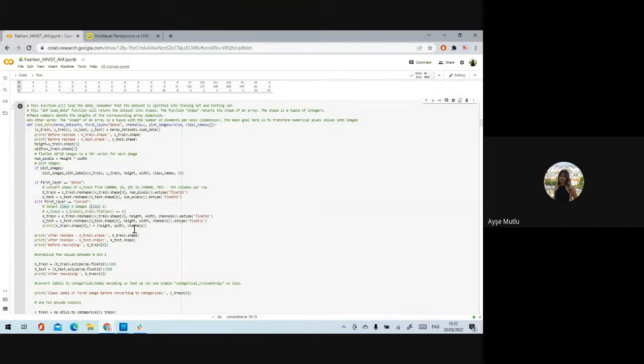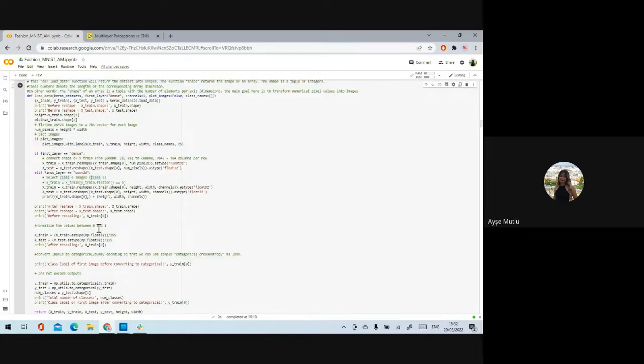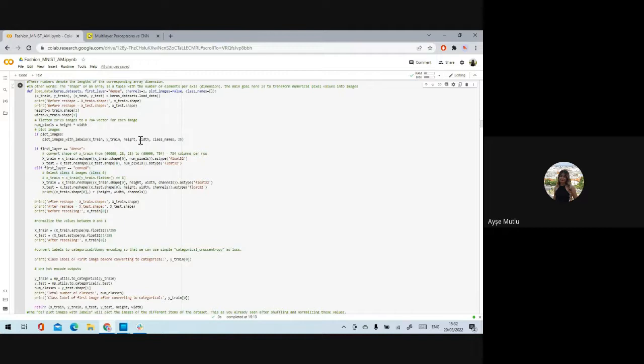What it does here is reshape the input variables. Before that it was 60,000 by 28 by 28, and last week we flattened it, but this week we're going to make it 60,000 by 28 by 28 by 1.